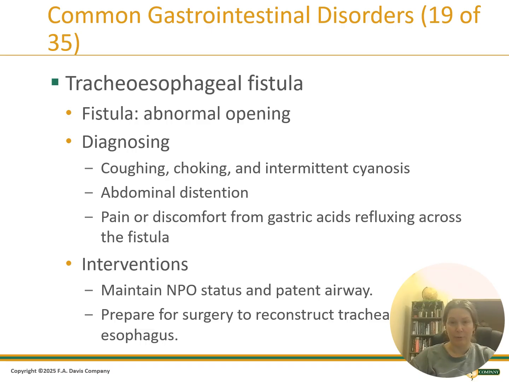Recurrent pneumonia and aspiration may be present as well. Here we're also going to intervene by maintaining an NPO status to ensure a patent airway. We want to position the head upright, have our suction ready, and then prepare our patient and their family for the surgery to reconstruct the trachea and esophagus.